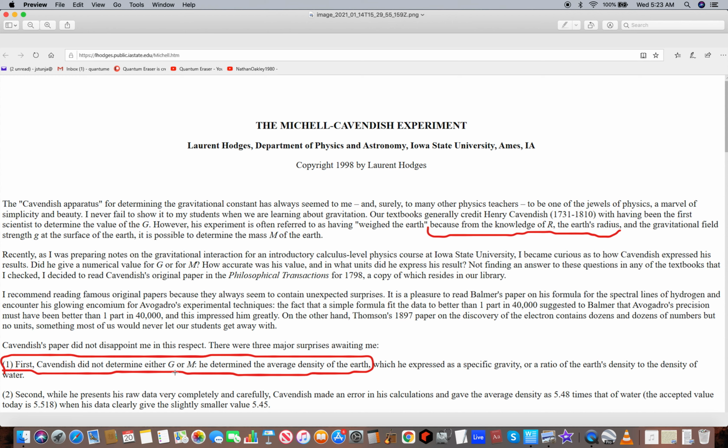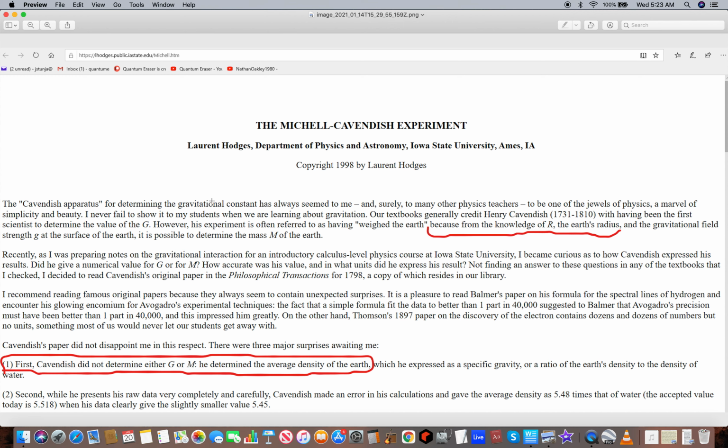He didn't do any of that. He determined the average density of the Earth. And this is from Lawrence Hodges, Department of Physics and Astronomy, Iowa State University. As far as I know, Lawrence Hodges was incorrect about that himself until he corrected it, until he read more into what Cavendish did and realized he was incorrect.